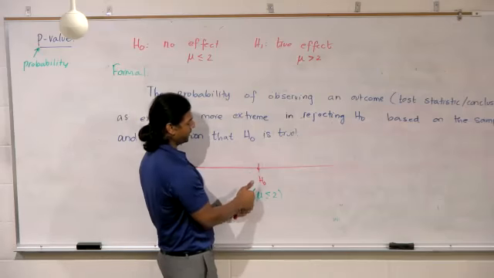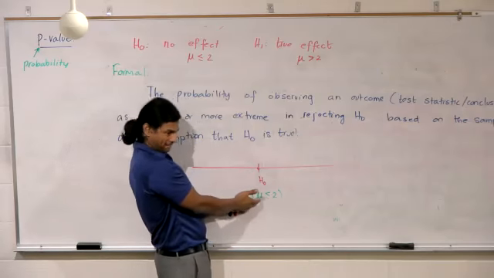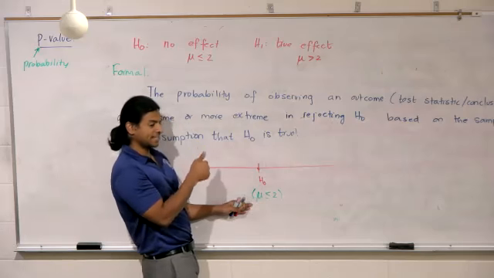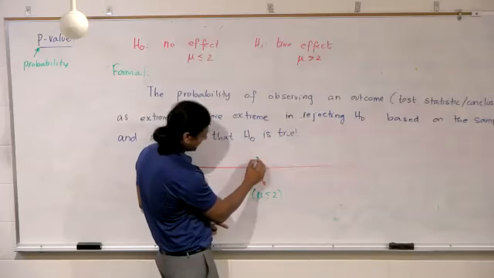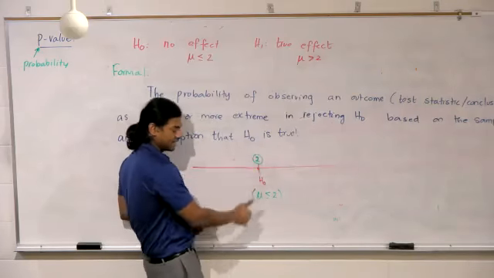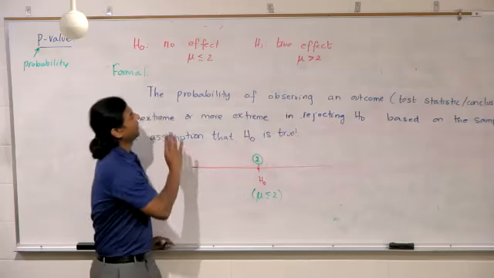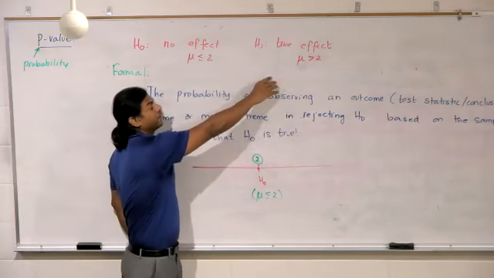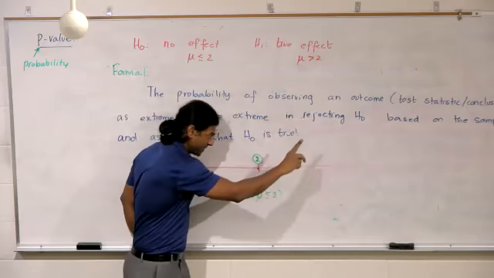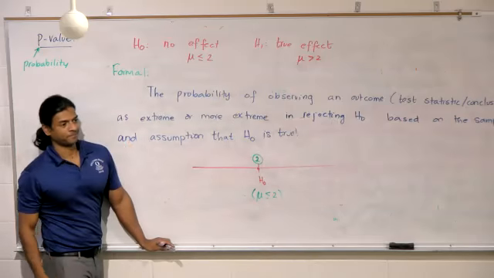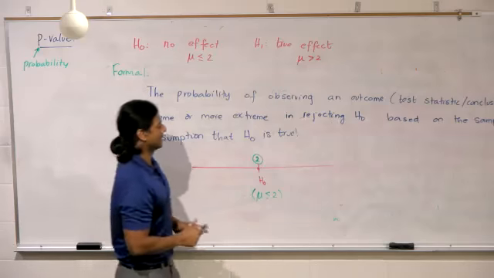If I have to go against this statement that mu is less than or equal to 2, let's say that value is 2, because that's my reference point. If I have to conclude that mu is actually bigger than 2, would I go to the right or to the left? To the right, right?